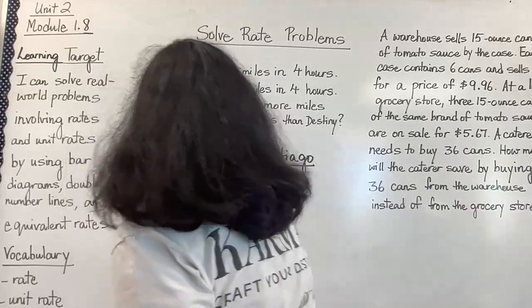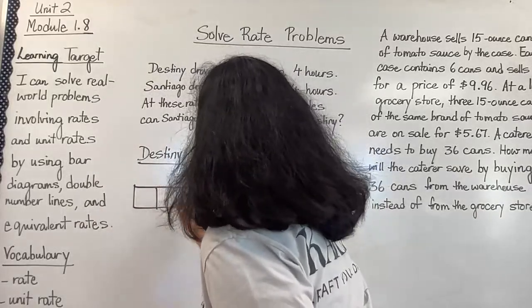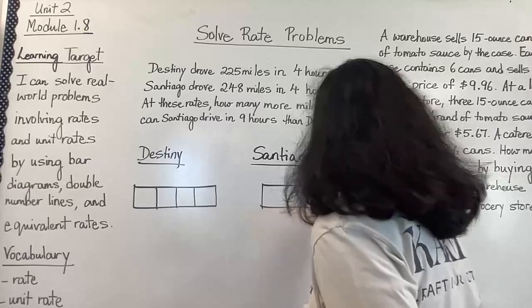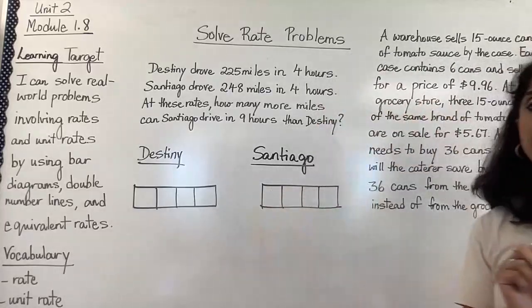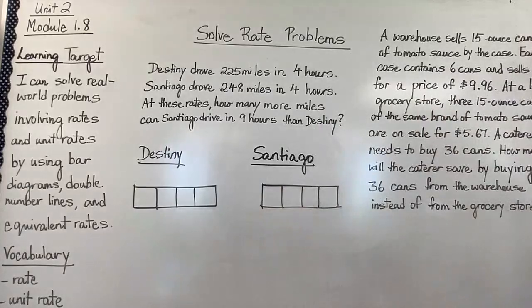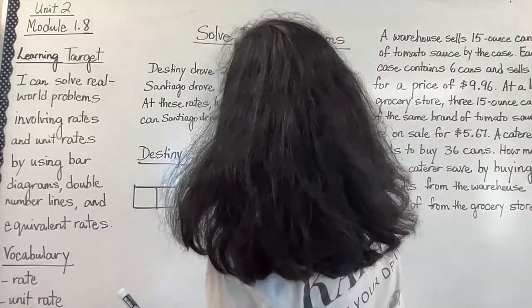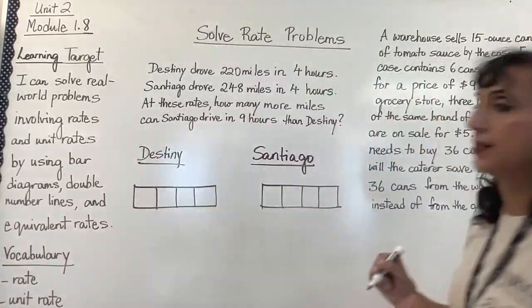So, this is 1, 2, 3, 4. Same thing. 1, 2, 3, 4. Okay, Destiny drove, this is supposed to be 220, not 225, sorry. Okay, this is 220 miles.